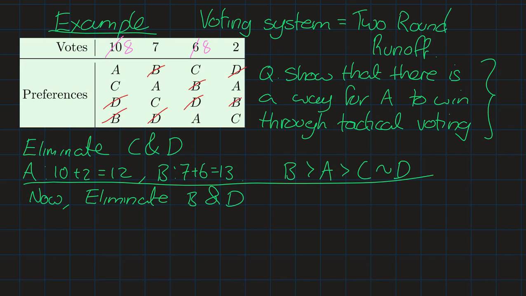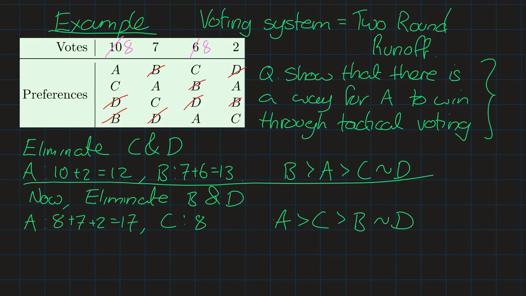Let's see what happens in the second round. A is going to have 8 plus 7 plus 2, which is 17. And C is going to just have 8. So the new social ranking would be A beats C beats B and D, which are on equal pegging.